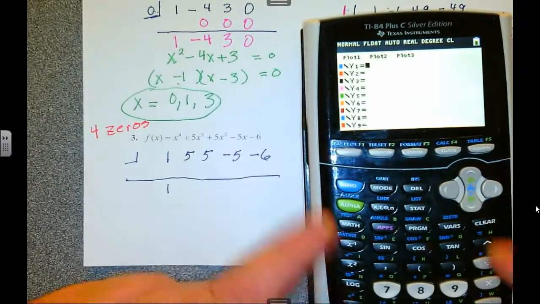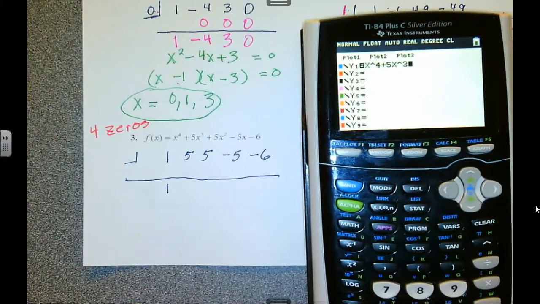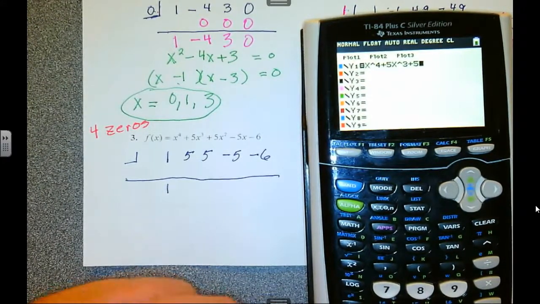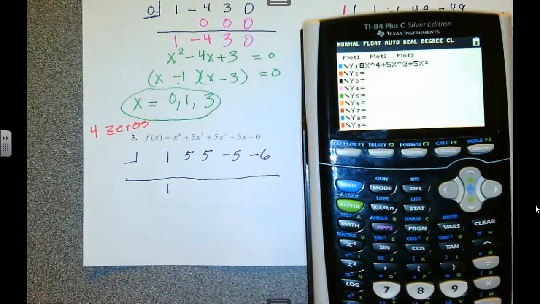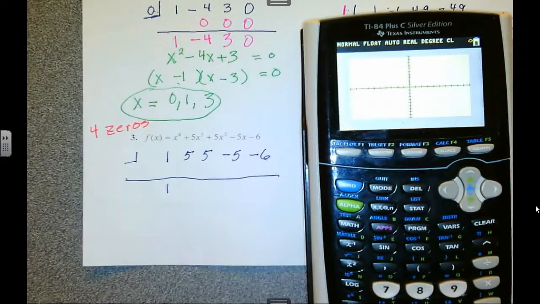I have x to the 4th plus 5x cubed plus 5x squared minus 5x minus 6. I'm going to graph it.